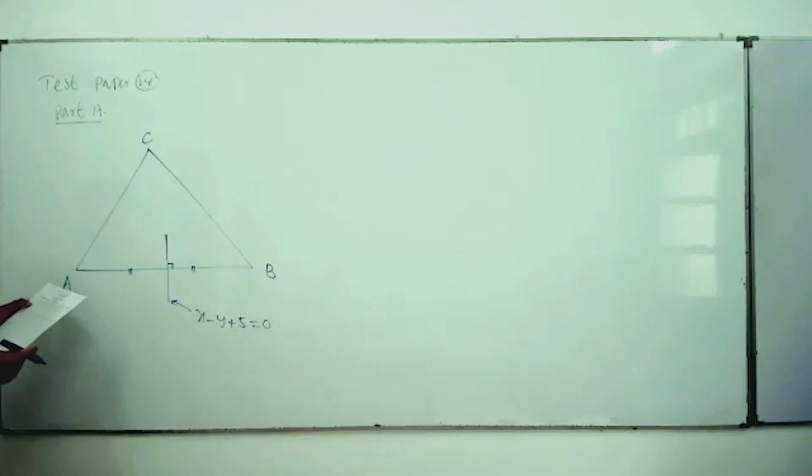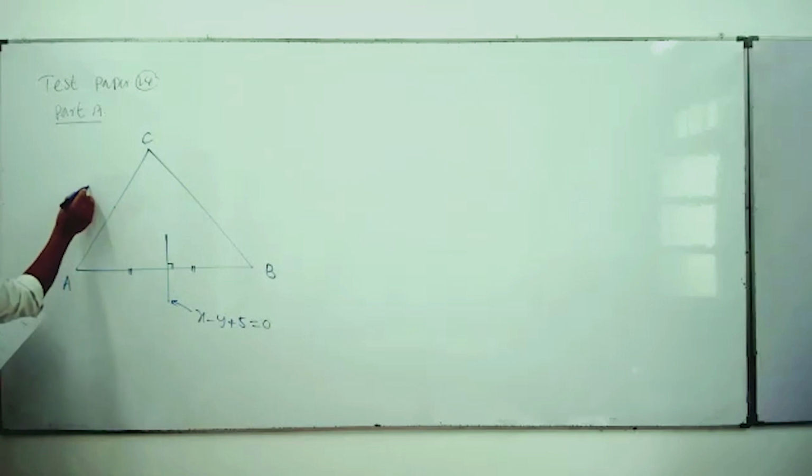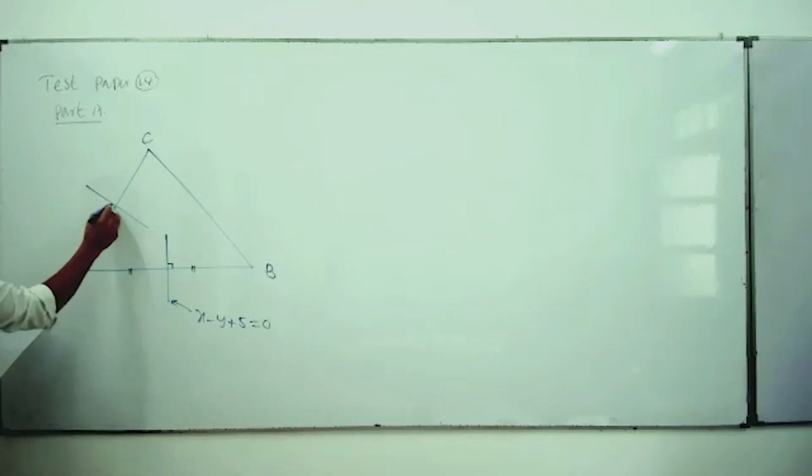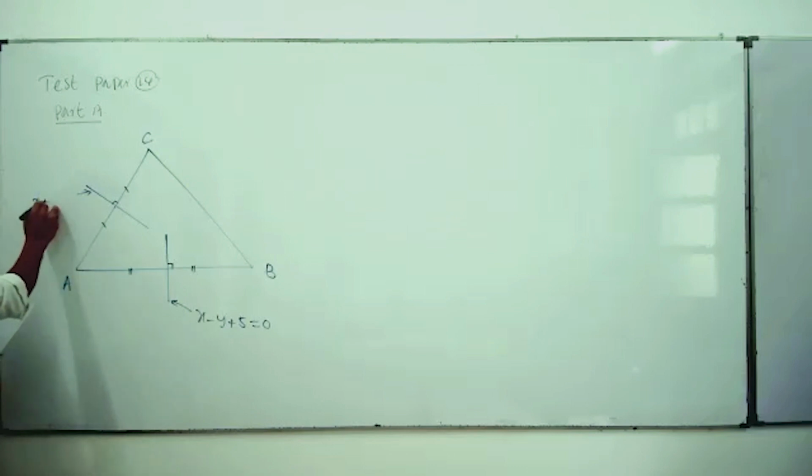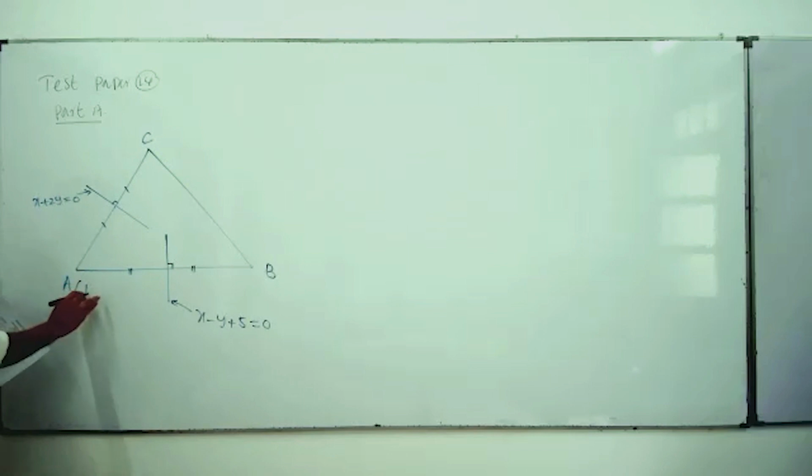And the AC bisector here, this equation, x plus 2y equals 0. And given that point A is (1, minus 2).